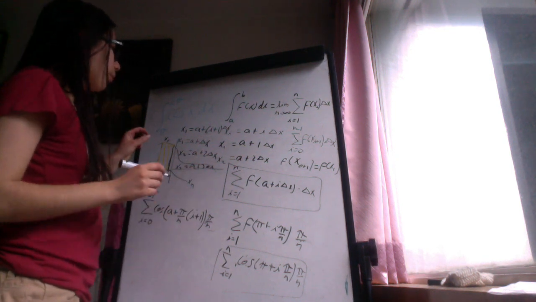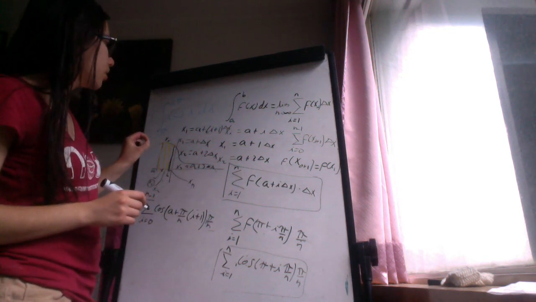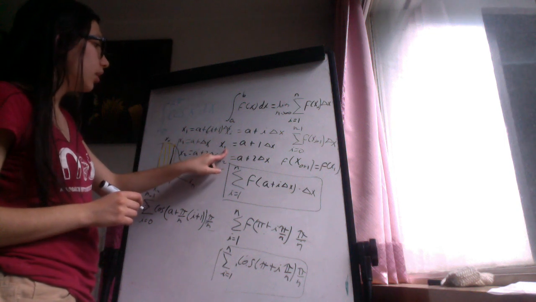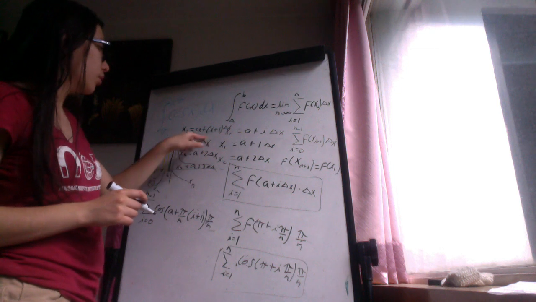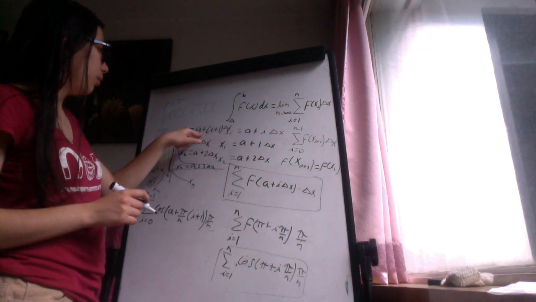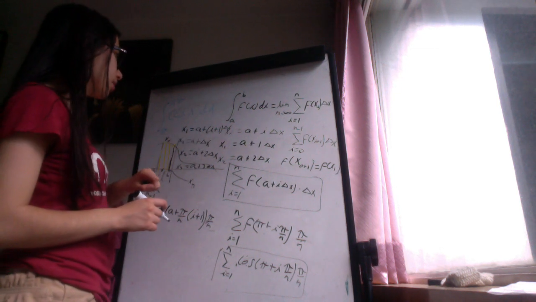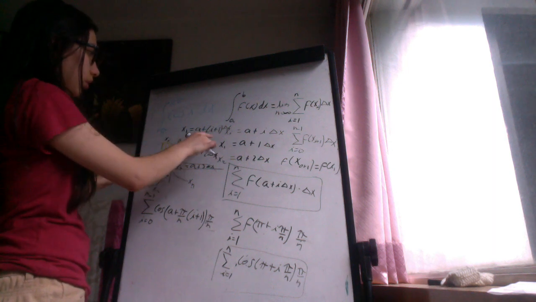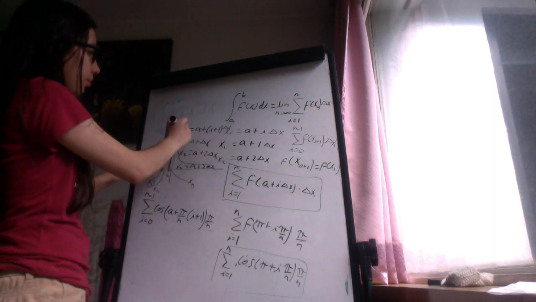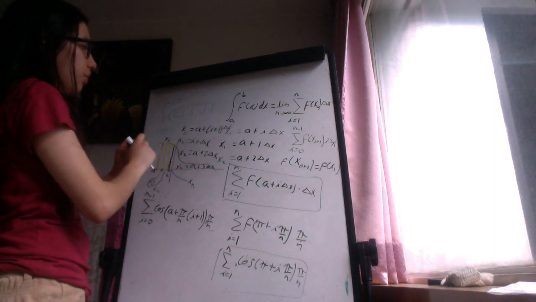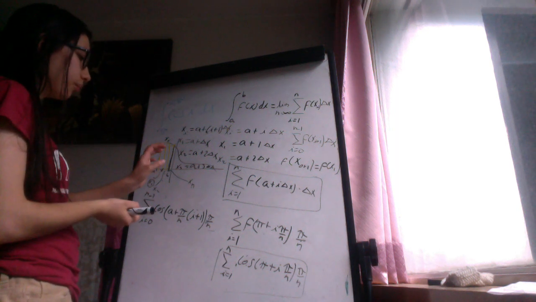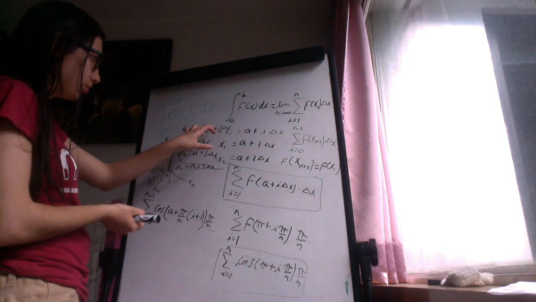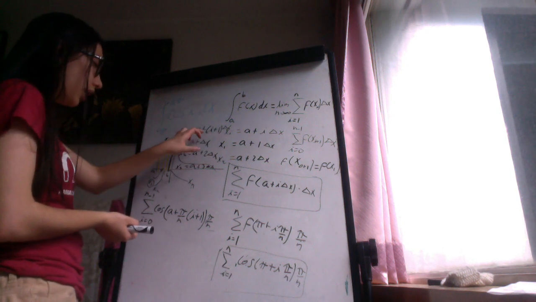So now our x sub i is a plus i plus 1 delta x. Well, actually this is x sub i plus 1, because x sub 1 is when i is equal to 0. So now our x sub i plus 1 is a plus delta x times i plus 1.